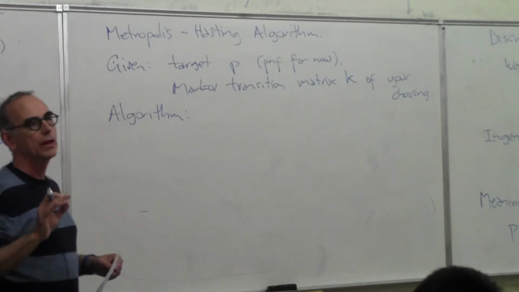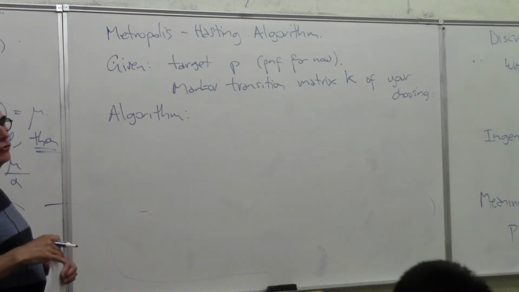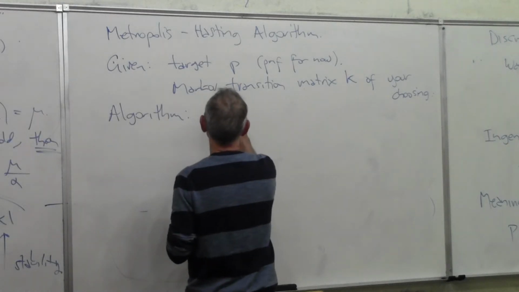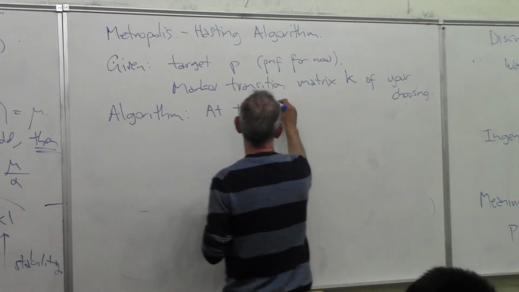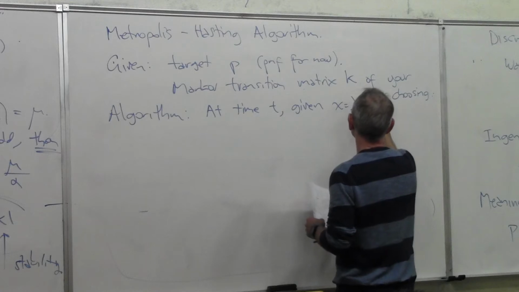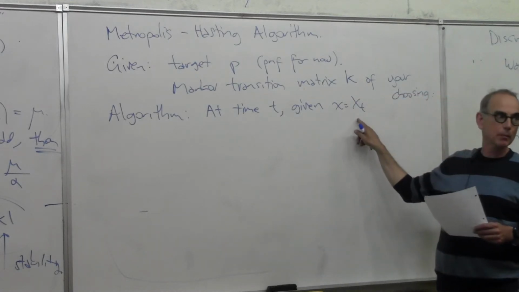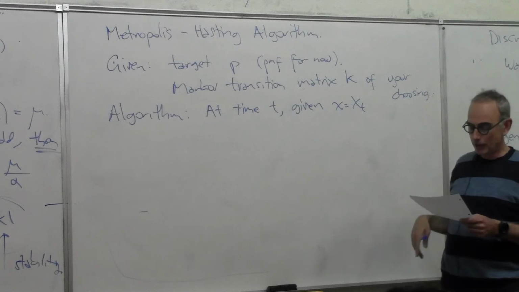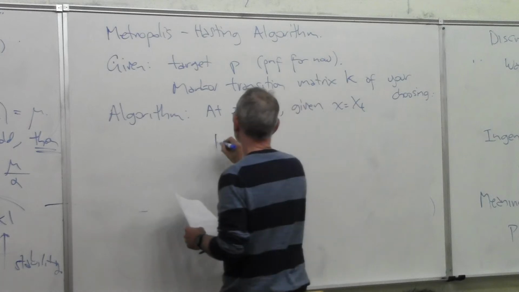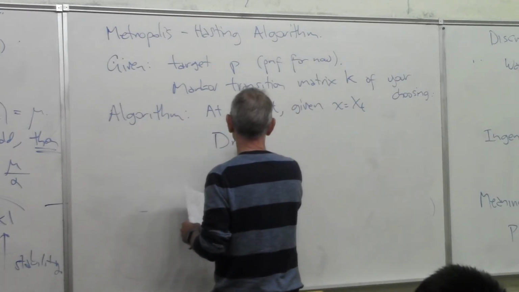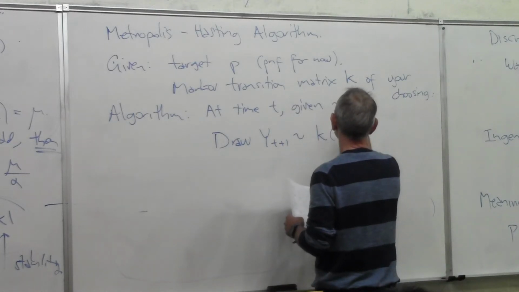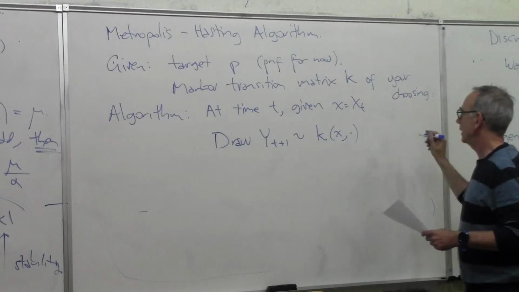So here's the algorithm. Basically, I want to give you a recursion for generating this Markov chain. At time t, my Markov chain takes a value x, and then I draw a random variable, which I'll call y, independently of the past.